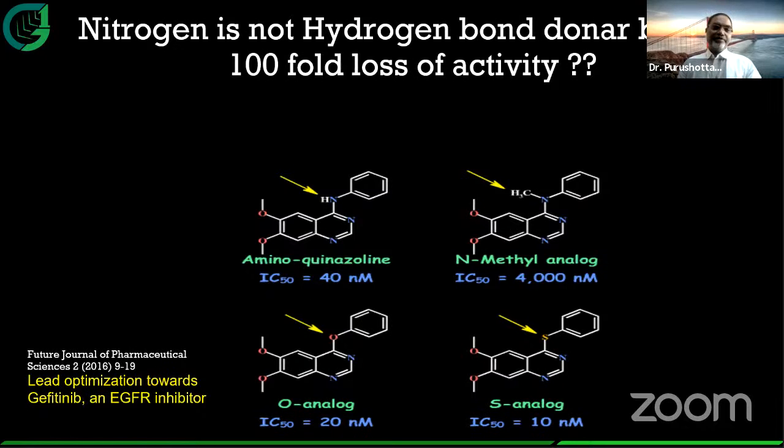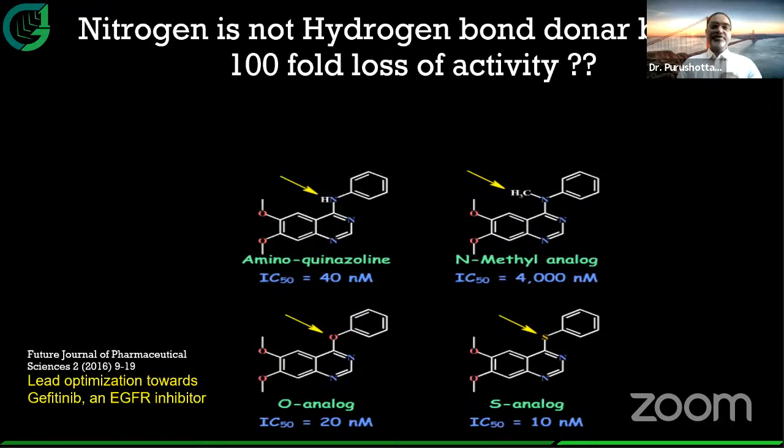Now I will give you the explanation of why the introduction of a small group like methyl has this effect. I have mentioned to you, I have selected a very important example which gives you insight into how smaller modifications will change the geometry.